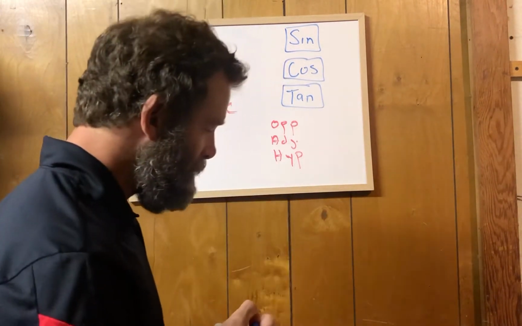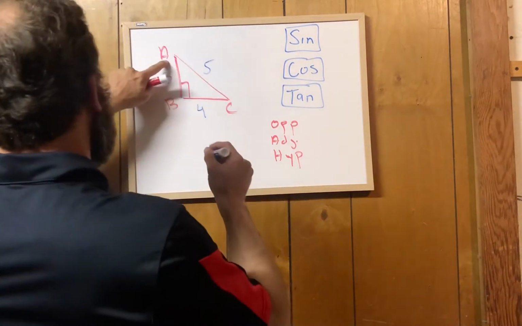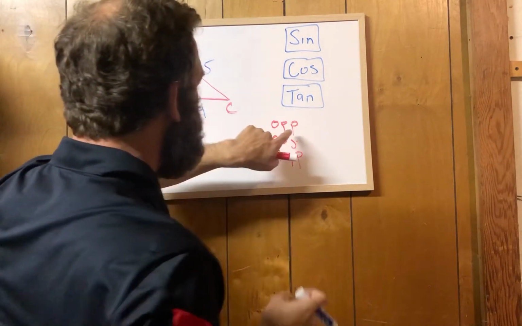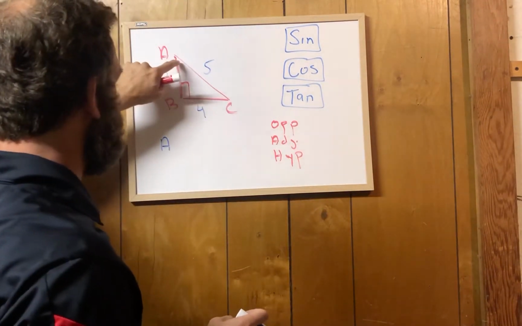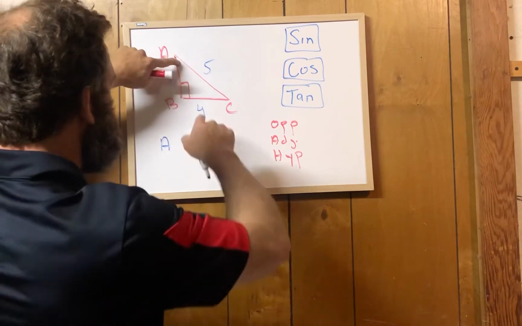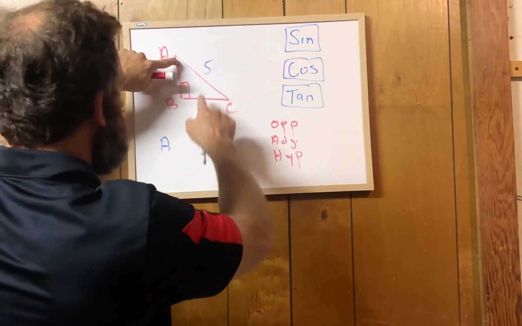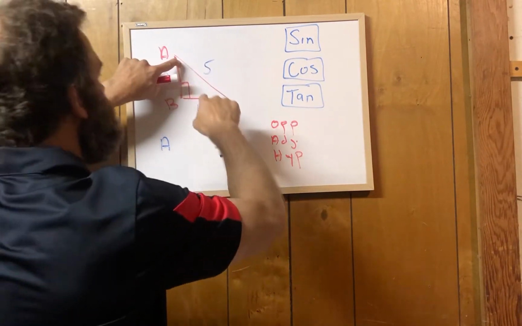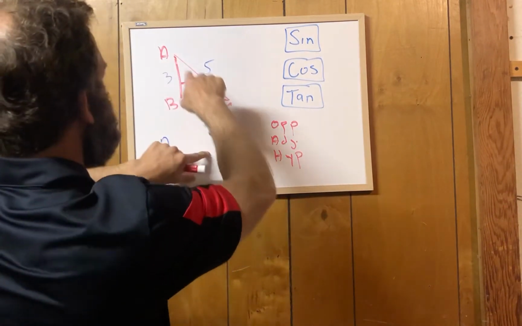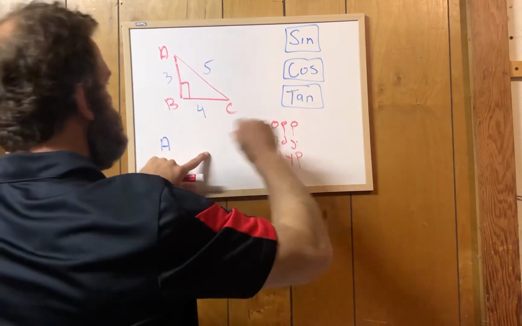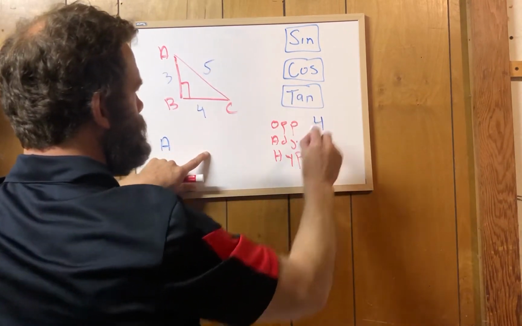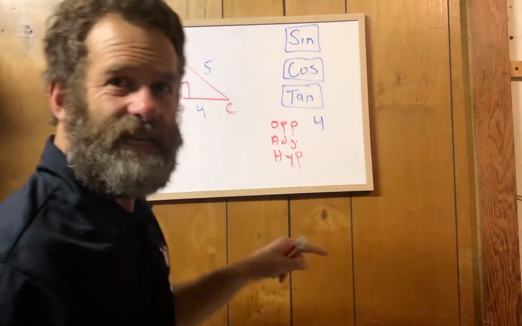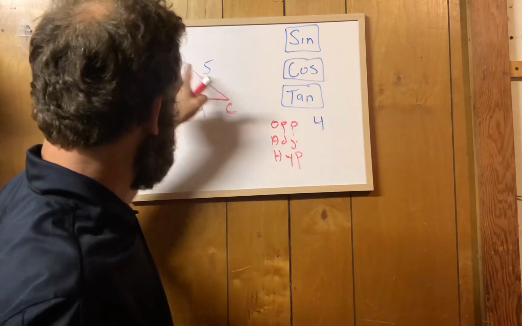So on the example, I say, okay, let's take from angle A. From angle A, what's my opposite side? So from this angle, is my opposite side 3, 4, or 5? Opposite is the side across, the side that doesn't touch that angle, the side that's opposite that angle. So from angle A, my opposite side is 4. Adjacent means next to, but next to is never your hypotenuse.